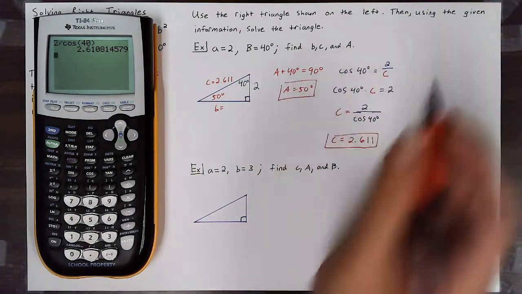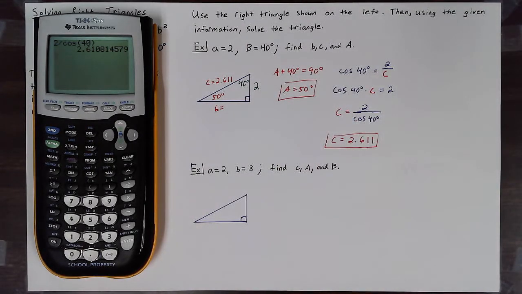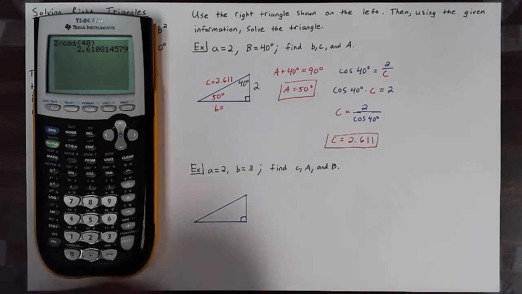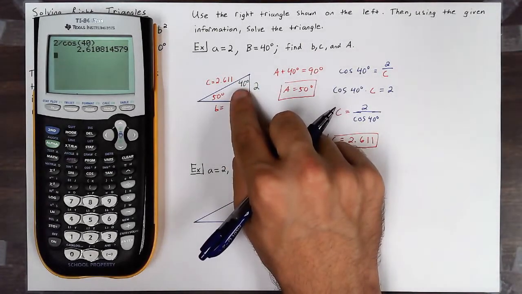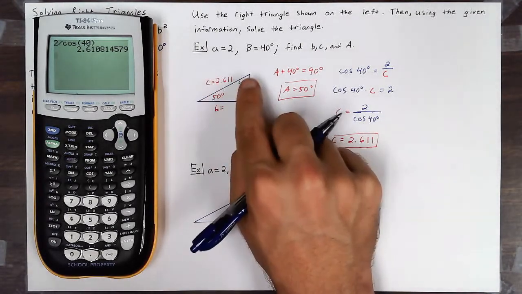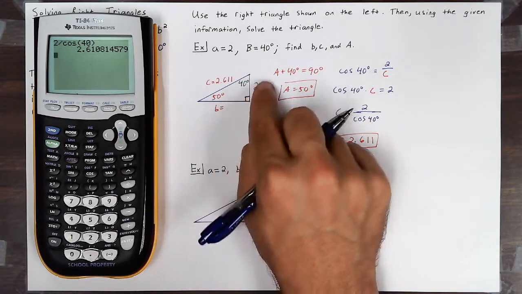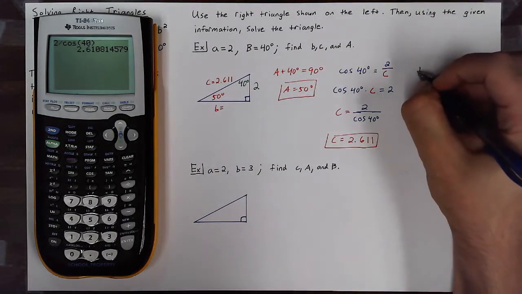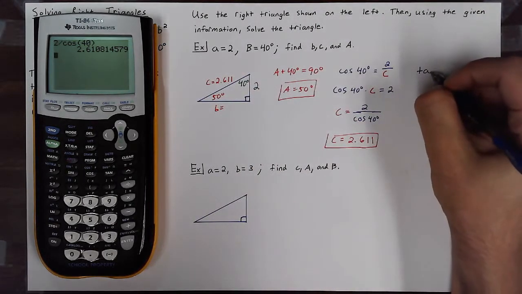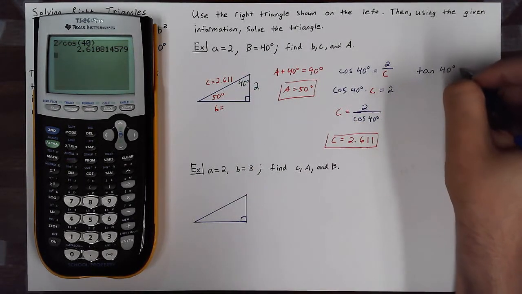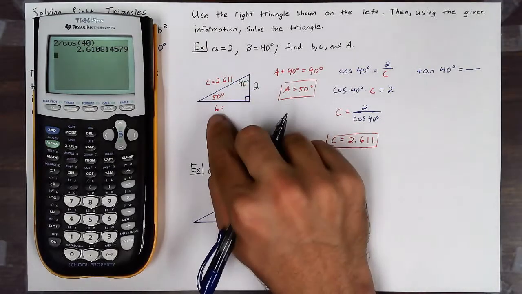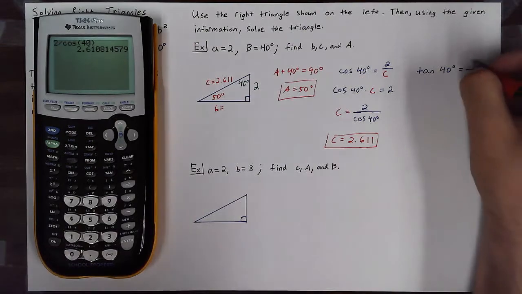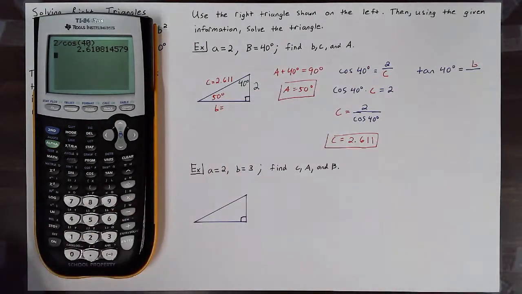I found angle A, but now I want to find side B. I know that if I'm going to use this 40 degrees again, I have opposite and adjacent. So opposite and adjacent, that's a good tangent. Again, I want to use that adjacent side since it was given to me. So tangent of 40 degrees should be equal to opposite, which is B, over adjacent, which is 2.